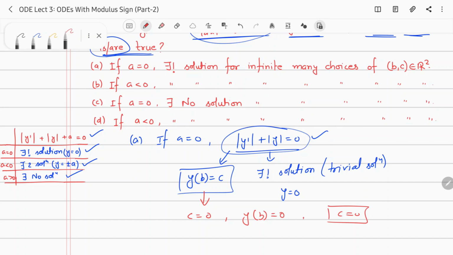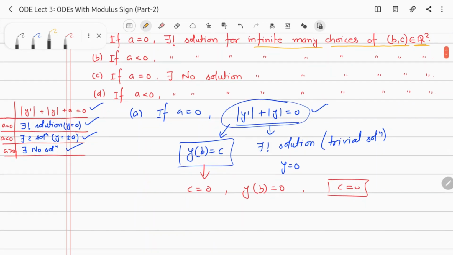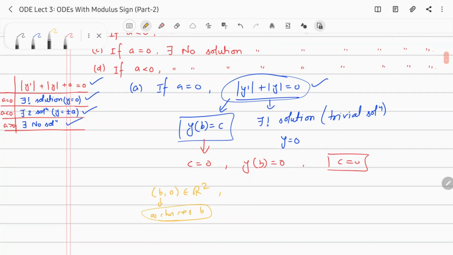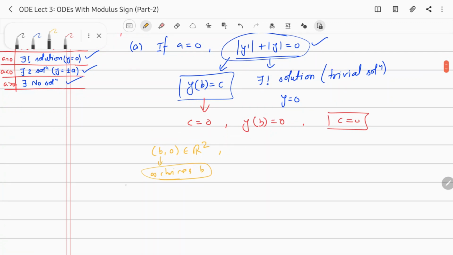That there exists a unique solution for infinitely many choices of (b, c) in R square. If we see here, (b, c) is (b, 0), so we still have infinite choices of b.